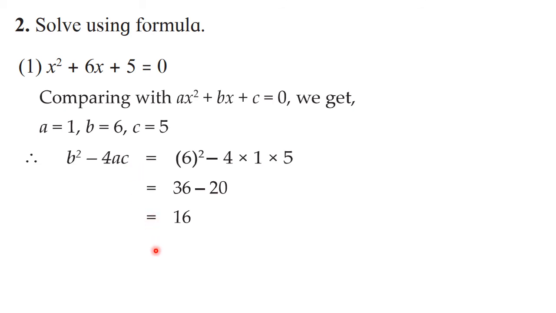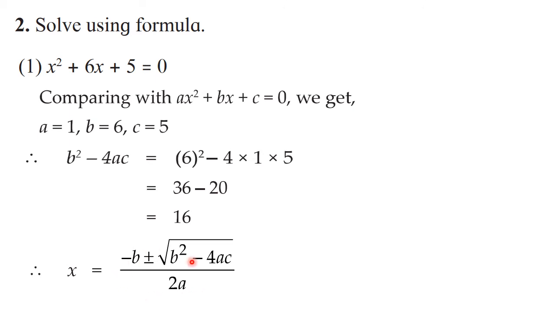Now the next step is to write the formula. I told you that writing the formula is compulsory. It carries half a mark. Because this is your knowledge, you know the formula, that is why you have substituted the values. In a hurry, don't directly write down the values without writing the formula. Write the formula first. So x is equal to minus b plus or minus under root b square minus 4ac upon 2a.